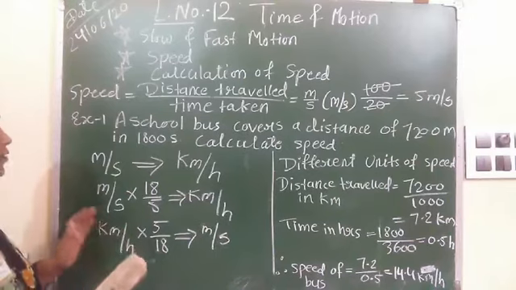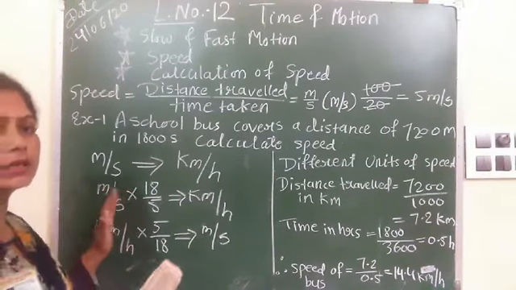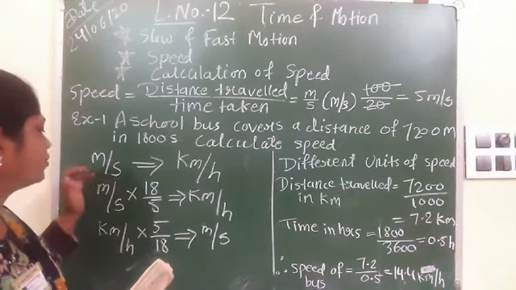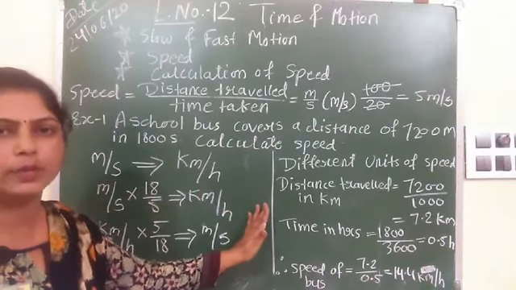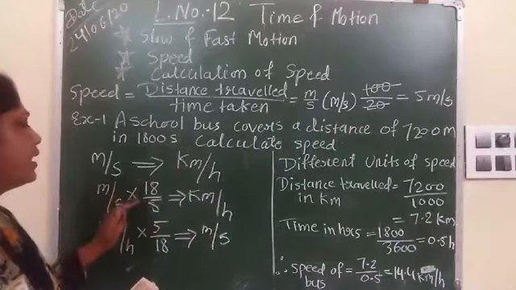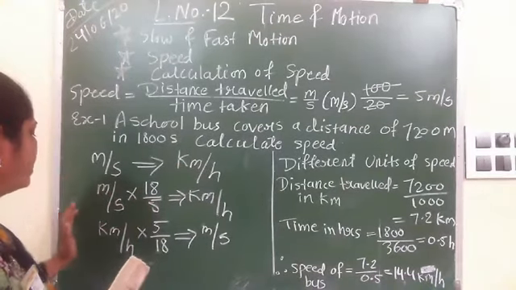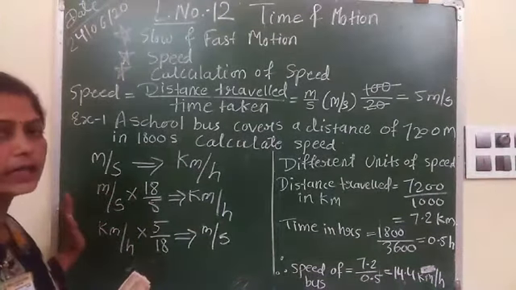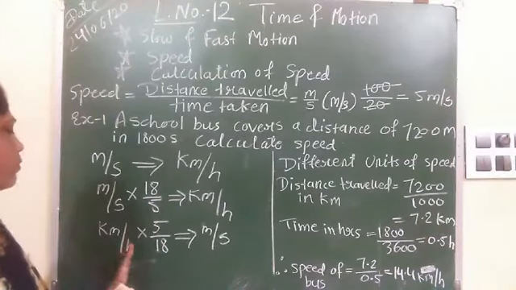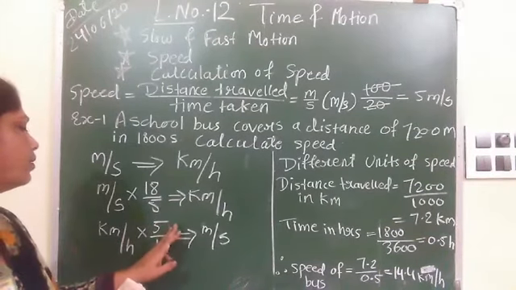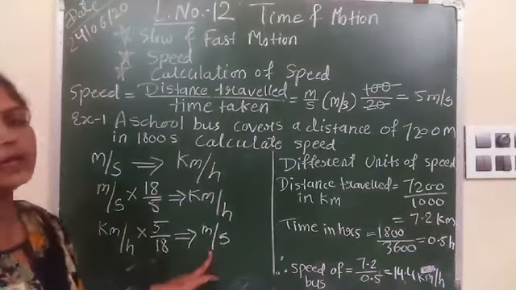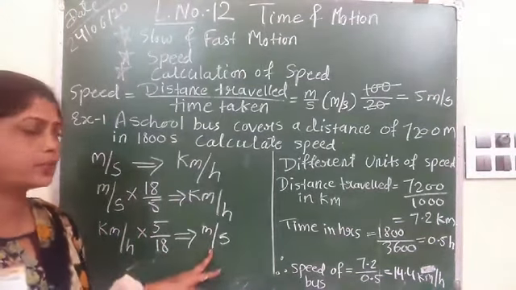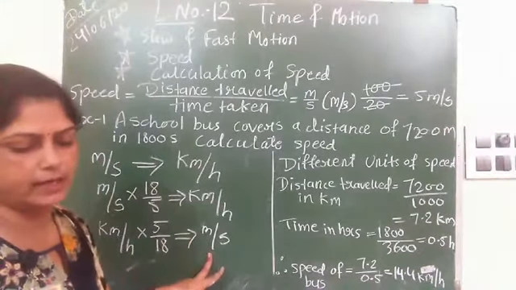So if we have the speed in meter per second, we can directly convert it into kilometer per hour by multiplying by 18 by 5. If we have the speed in kilometer per hour, then by multiplying it by 5 by 18, we get the speed in meter per second.